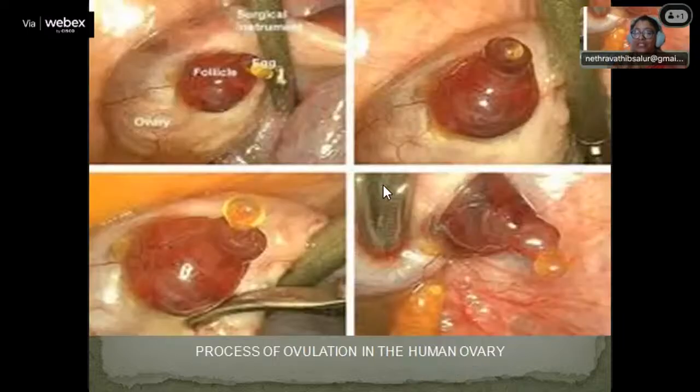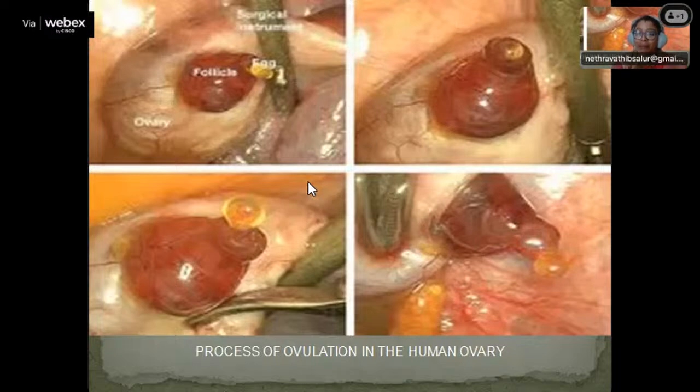Now, here is a very important slide which I wanted to show you, because here they have done laparoscopy, where you can see this is the ovary and this is the follicle which is throwing out the egg. You can see the egg is coming out from the follicle, and around the 14th day, every female usually will feel a pain when the egg is coming out.